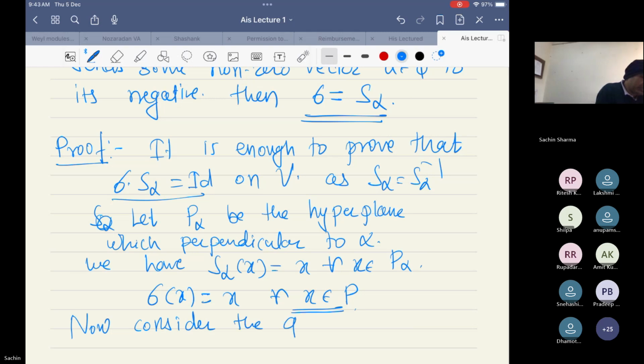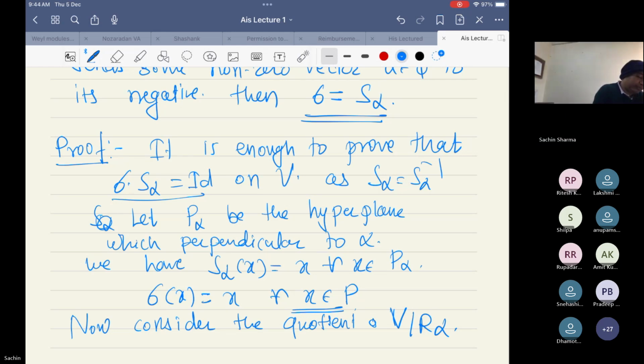Now consider the quotient space V over R alpha. Why are we considering V over R alpha?